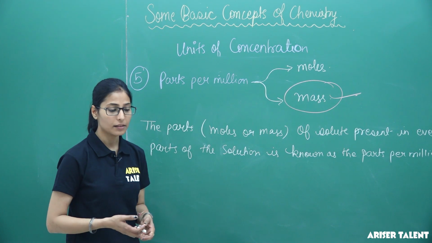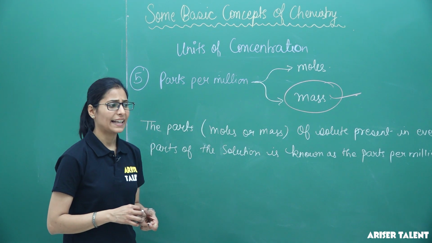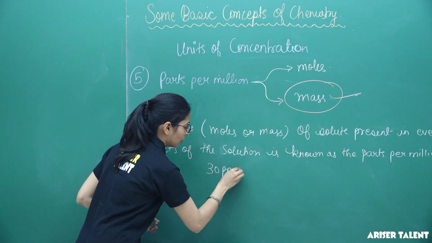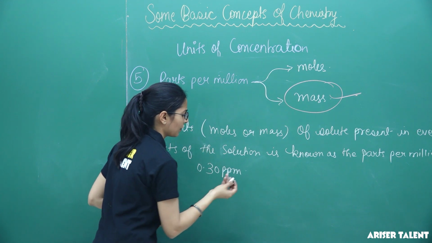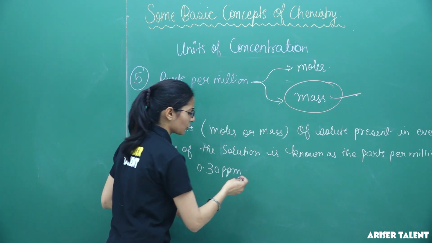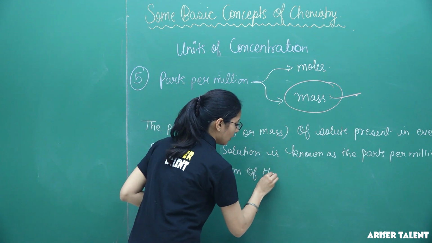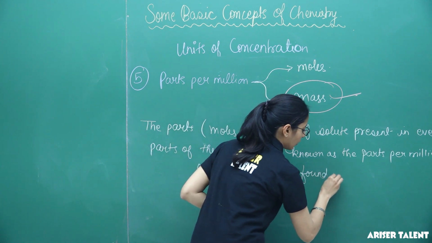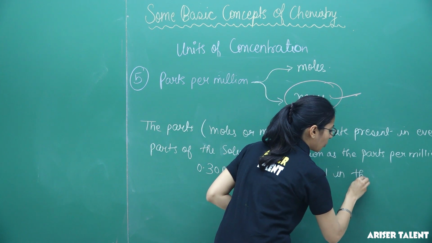that, let us say, 30 ppm of Hg is found in this water body.